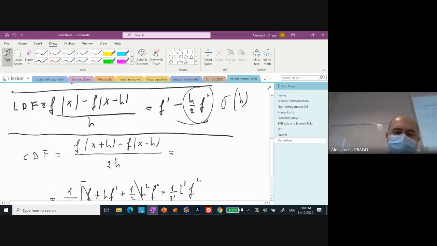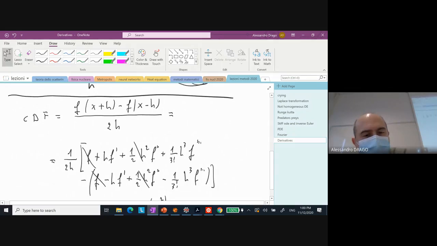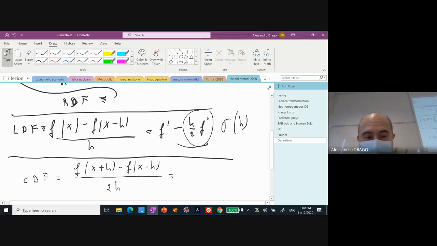Okay, this is quite important because it means essentially that if h is a small number, I can get a smaller error using the second technique, the central derivative, than using the right and the left derivatives.